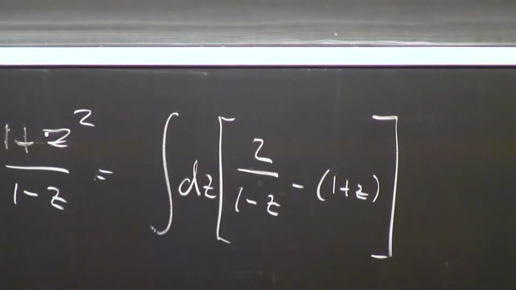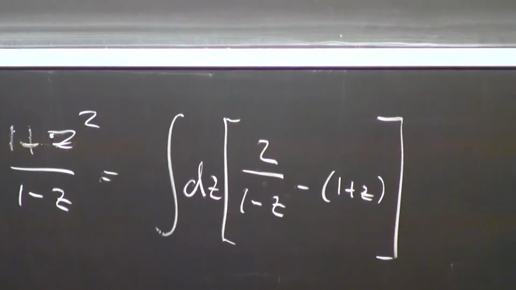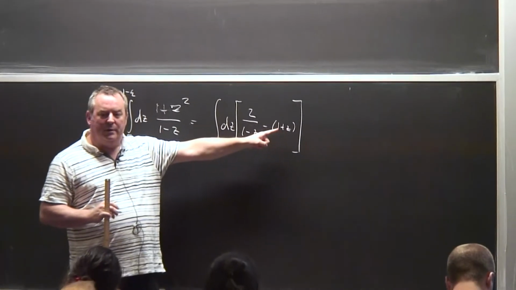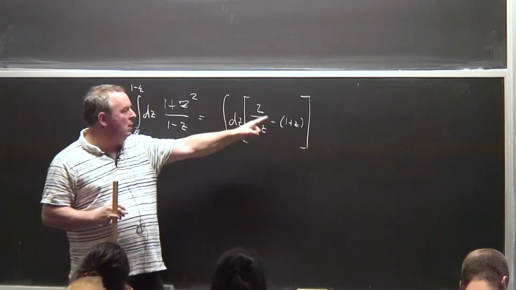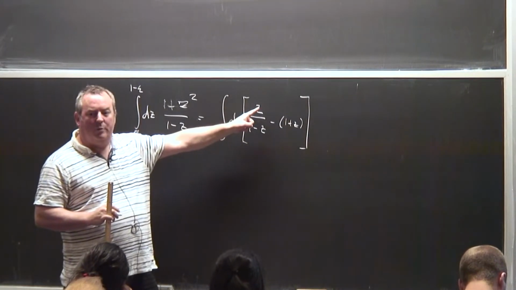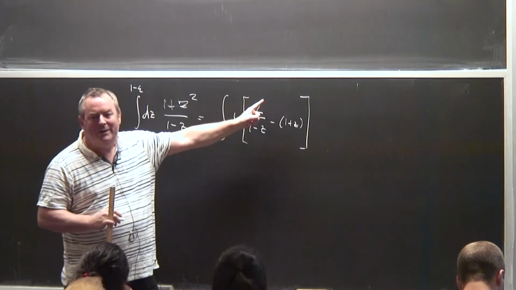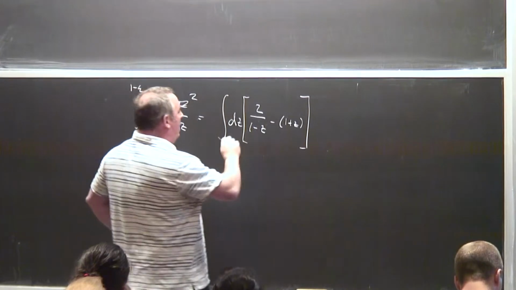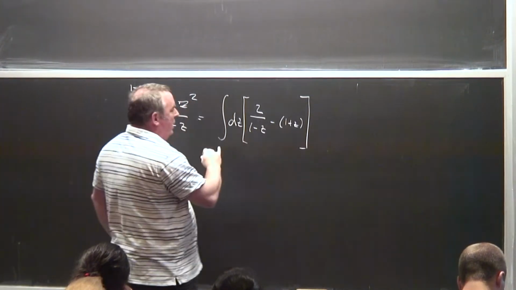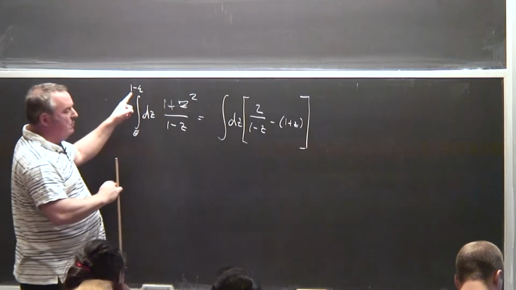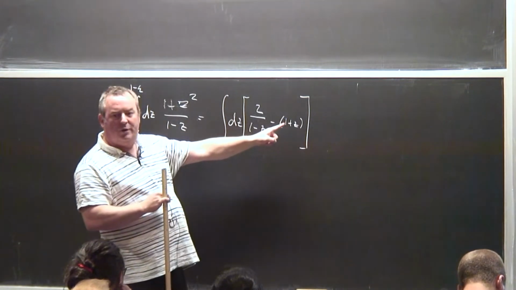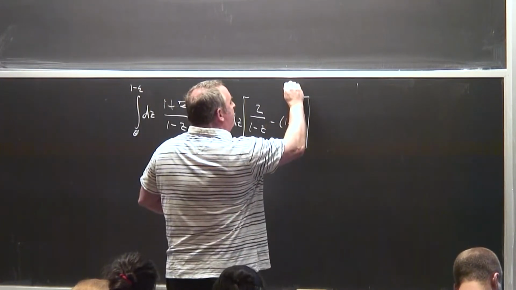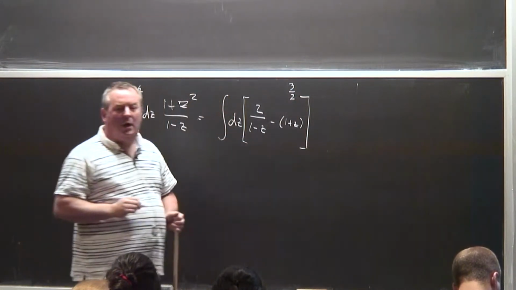1 plus z. You see that? 1 minus z times 1 plus z gives me 1 minus z squared. I put it here. The 2 minus 1 minus z squared is 1 plus z squared. Now if I integrate, this term isn't divergent, so if epsilon is sufficiently small, I can just say this thing is integrated from 0 to 1. So this gives me 3/2.